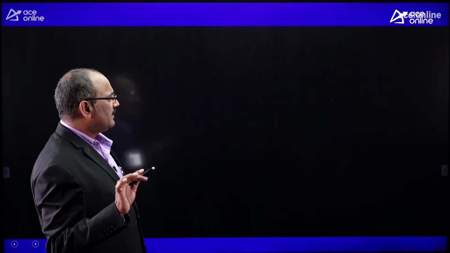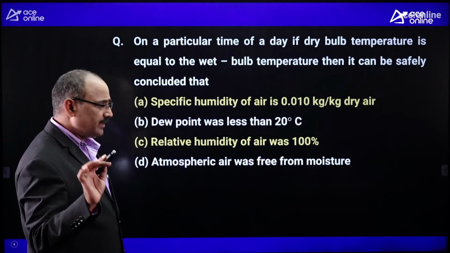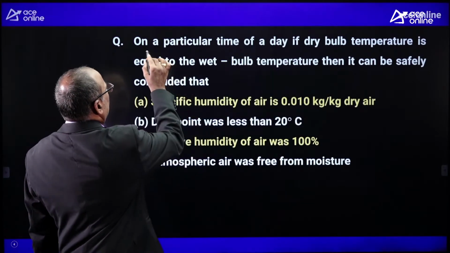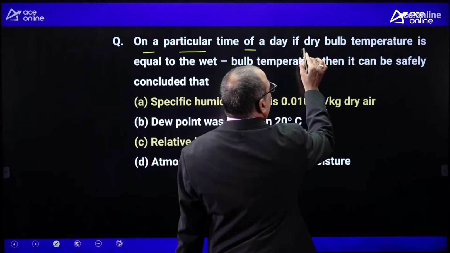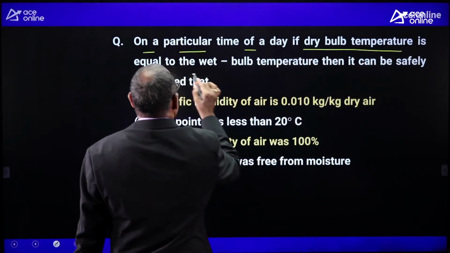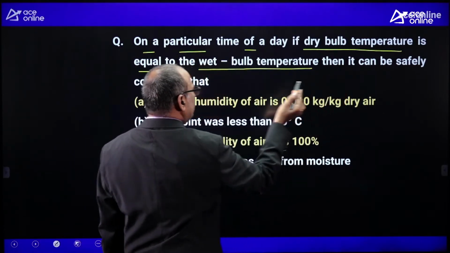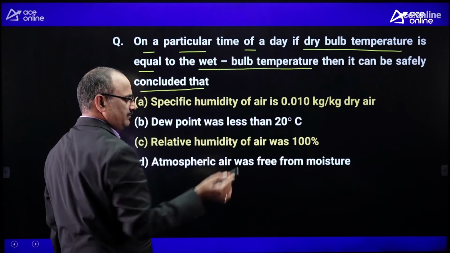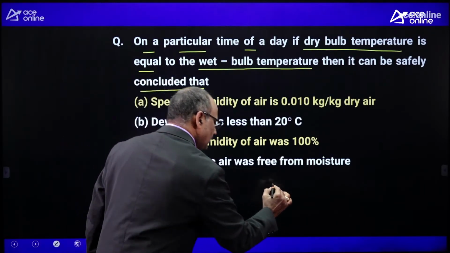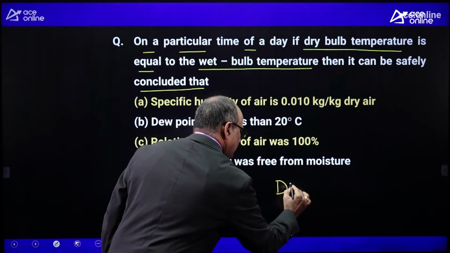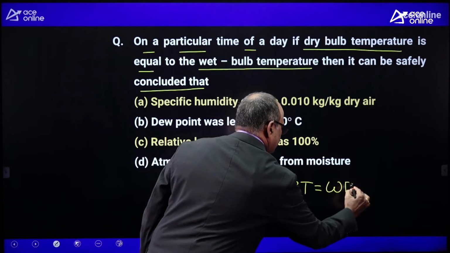Okay? Similarly, look at another important question. Try to read it. On a particular time of a day, dry bulb temperature is equal to wet bulb temperature, then it can be safely concluded that... It is given that in a particular day, dry bulb temperature is equal to wet bulb temperature.